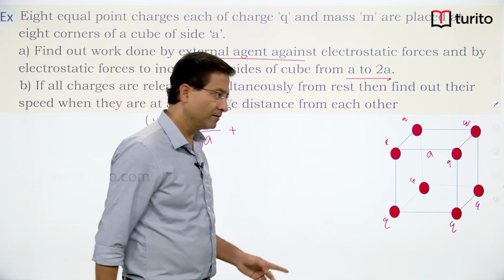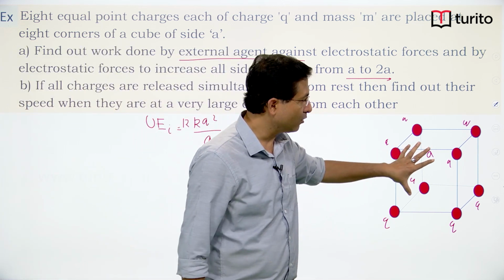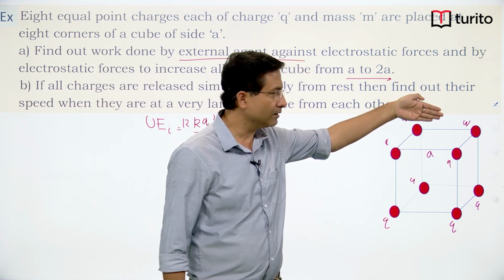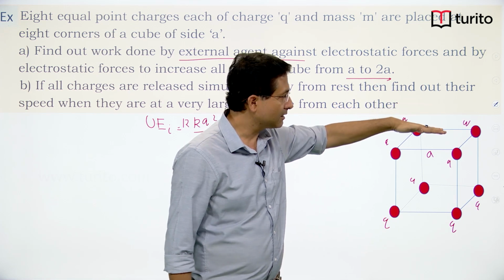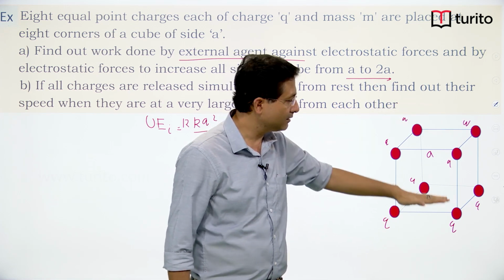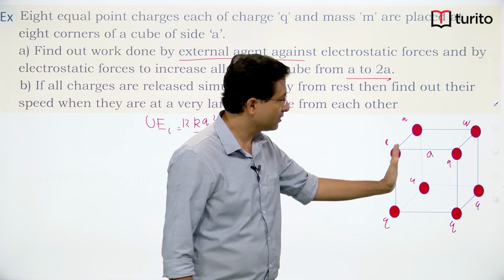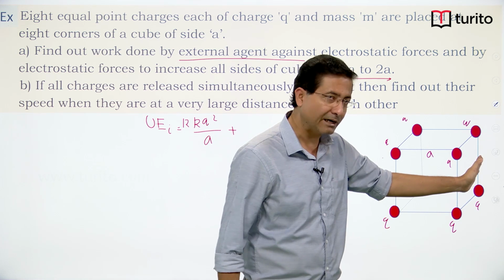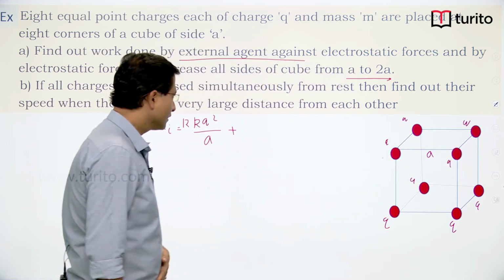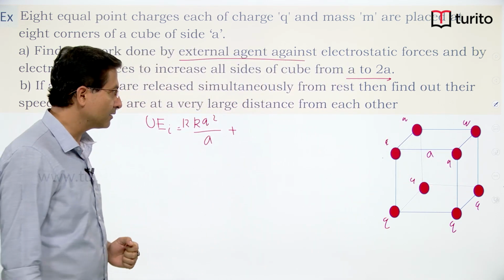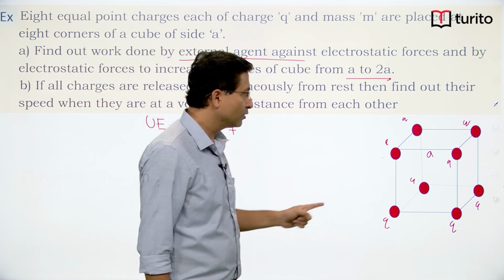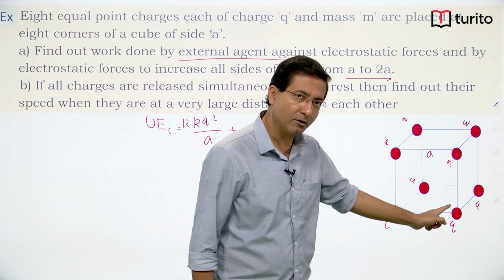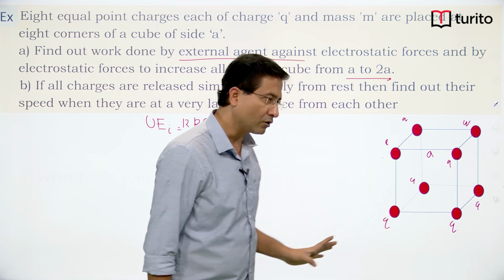Now face diagonal. How many faces are there in total: front one, back one, this top one, this bottom one, this side one leftward, and this one rightward. So altogether there are 6 faces, and for each face there are 2 such combinations, right. So these two will make one combination, these two will make one combination.